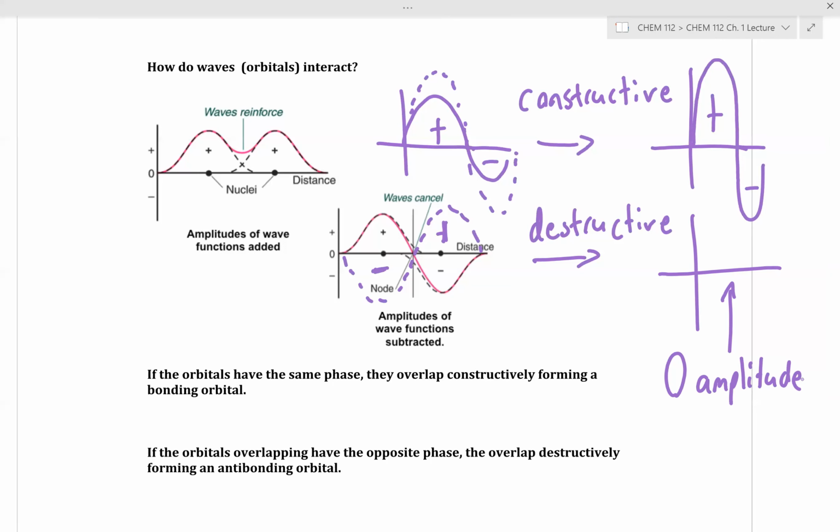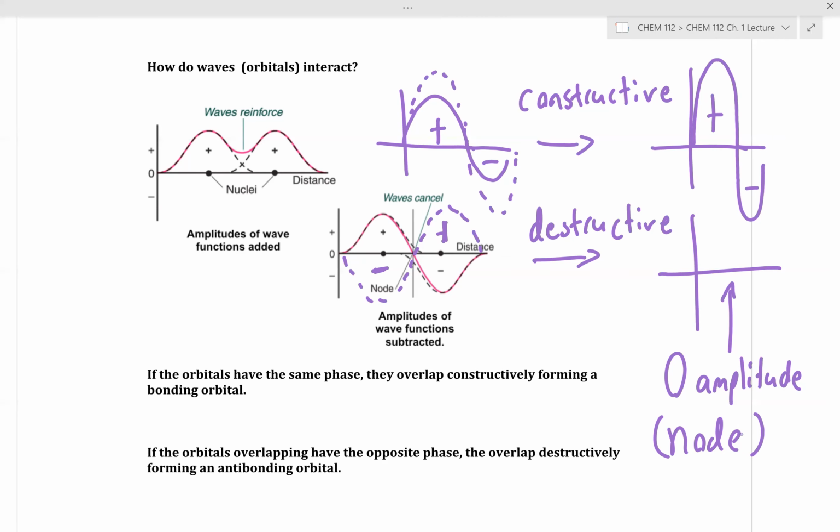It's a node, exactly right. Zero amplitude is known as a node. When we have destructive interference and generate a node, we have no likelihood of finding a significant amount of electron density at that location.